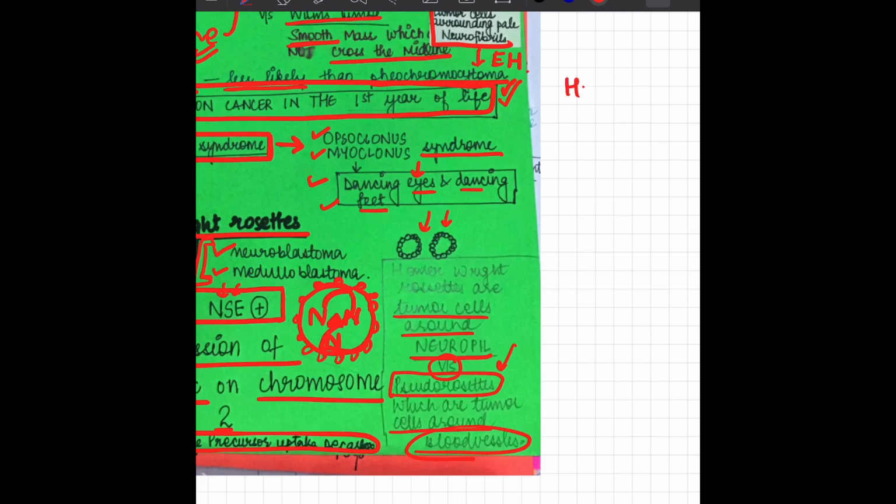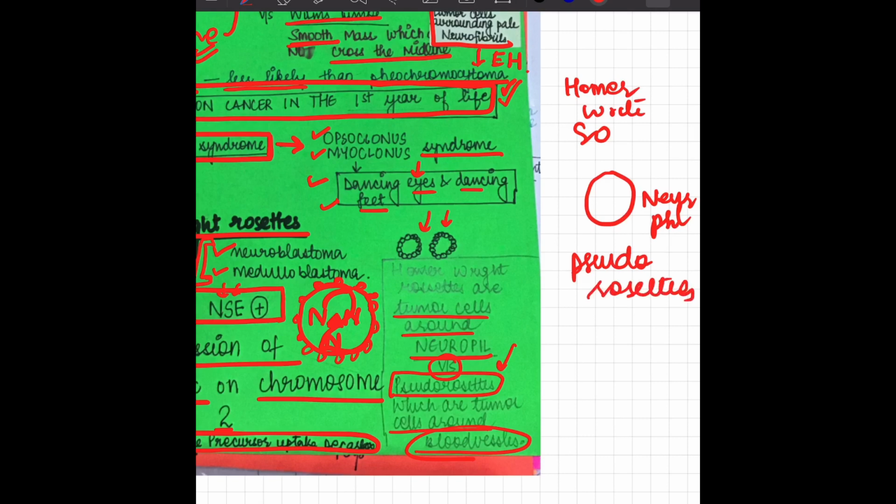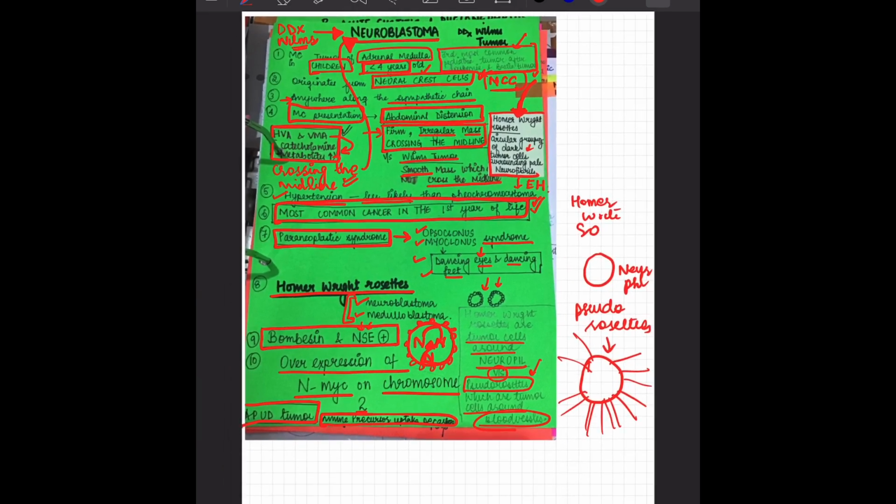Now, let me write Homer-Wright rosettes. These are the tumor cells around the neuropil. You need to know what is in the center, neuropil. Whereas the pseudo-rosettes, what are pseudo-rosettes? Pseudo-rosettes are the tumor cells which are surrounded by the blood vessels. Blood vessels are surrounding the tumor cells.